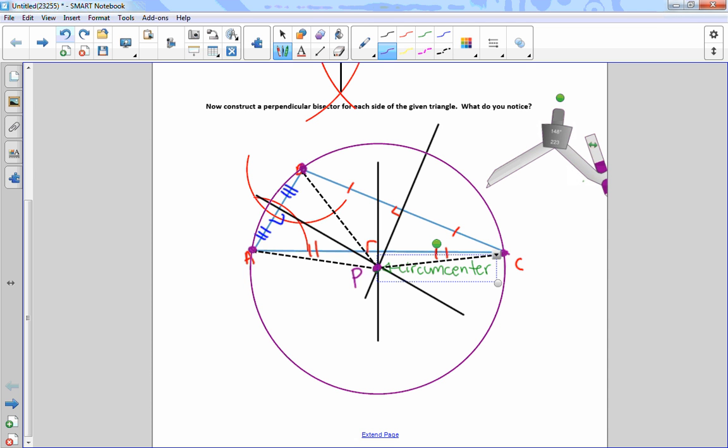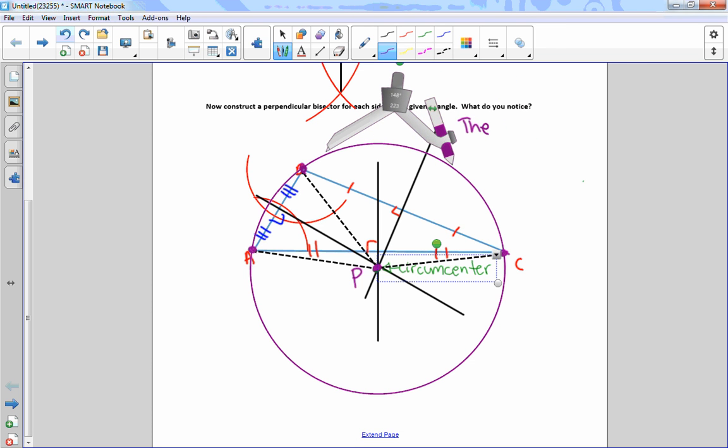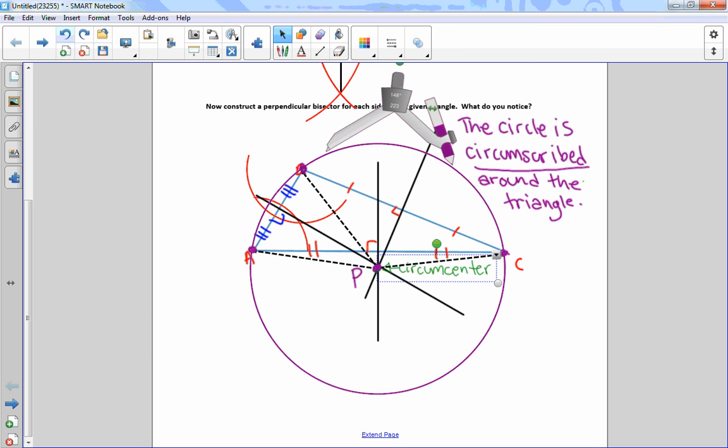Okay? So, vocabulary word. You should have circumcenter written on your paper. And write, if you would please, the circle is circumscribed around the triangle.